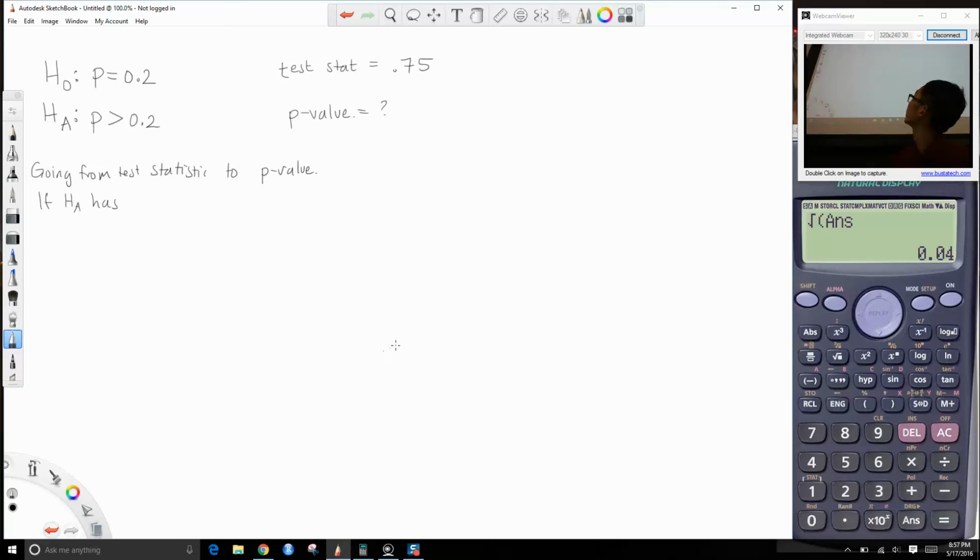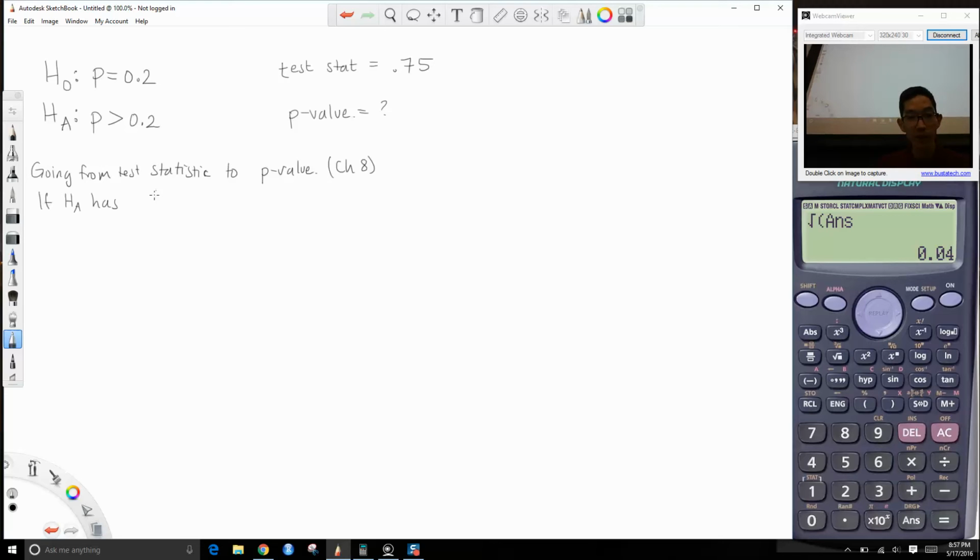This applies just for chapter 8. In chapter 9, this part changes. You have much to look forward to next week. So as far as chapter 8 goes, we are going from your test statistic to the p-value.